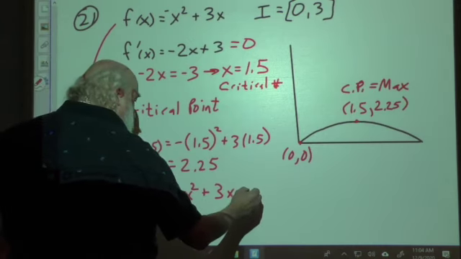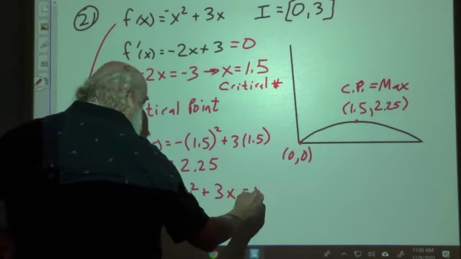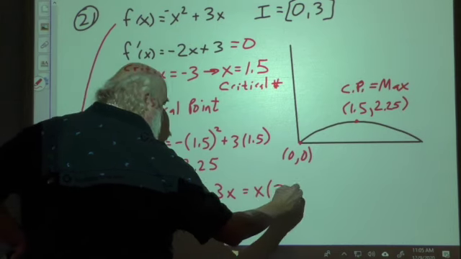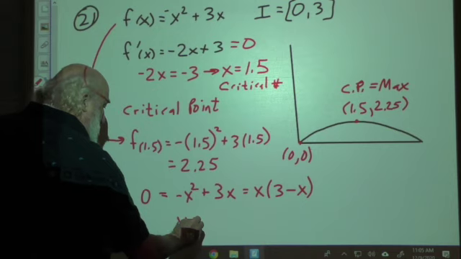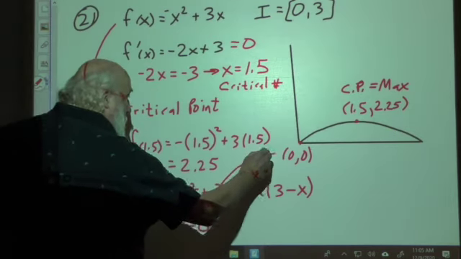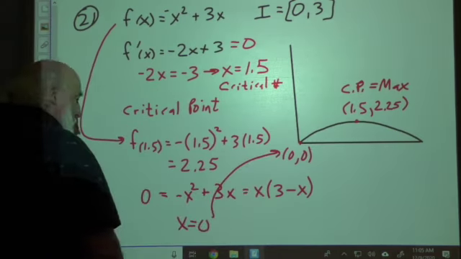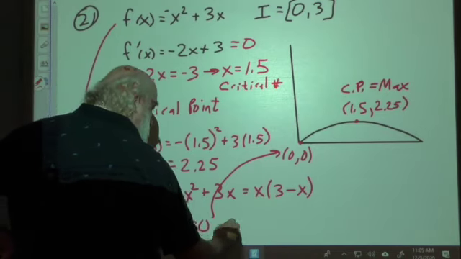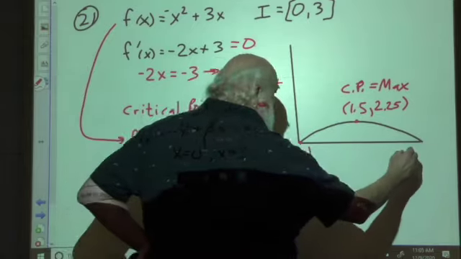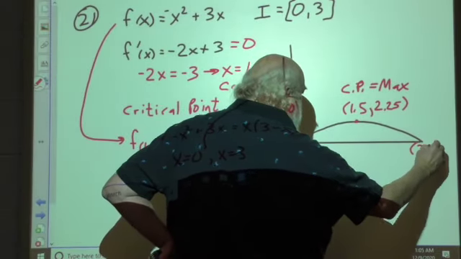So x times, and I'm going to make that (3 minus x) here. Then x equals 0, which is indeed that point right there, and in this case, x equals 3. So this is indeed (3, 0).